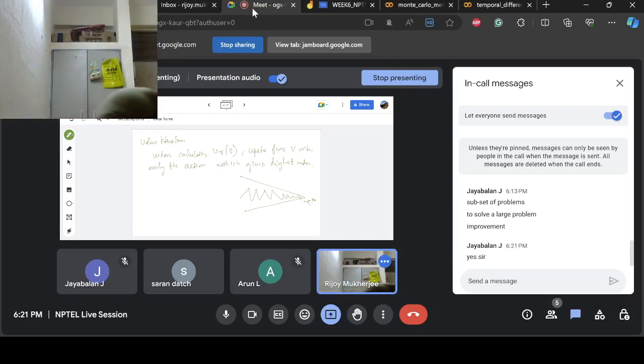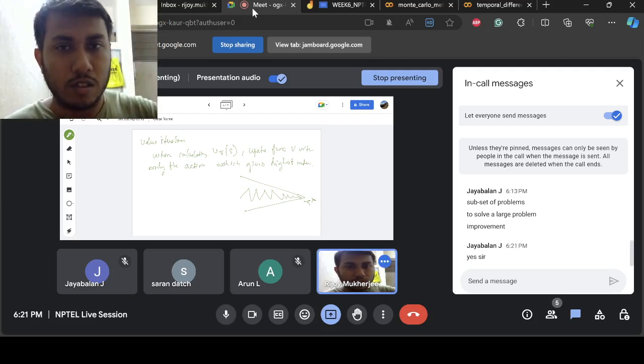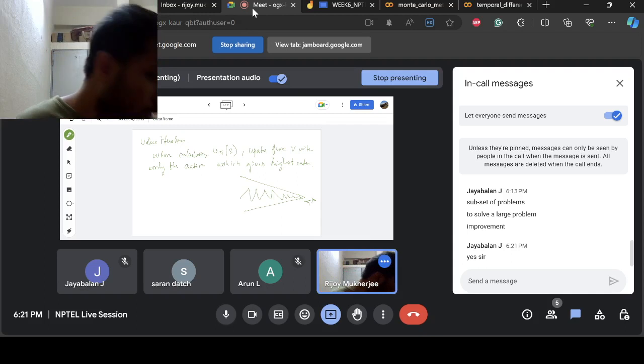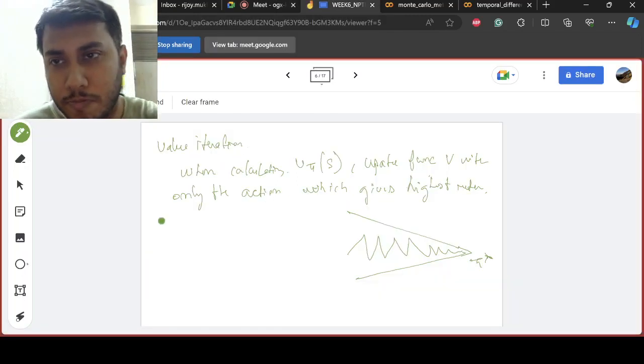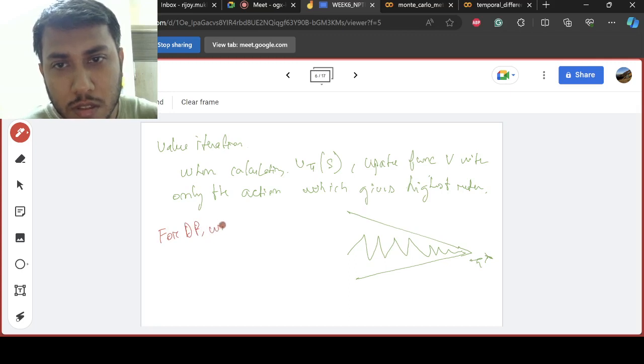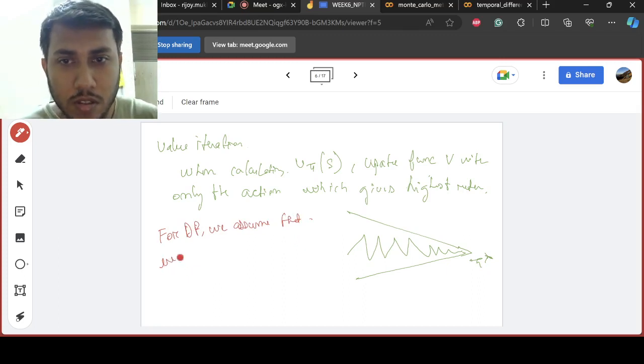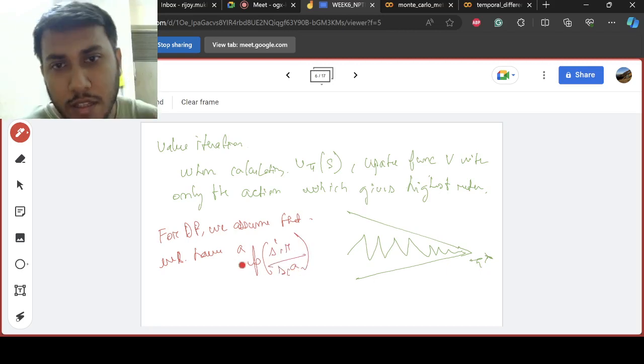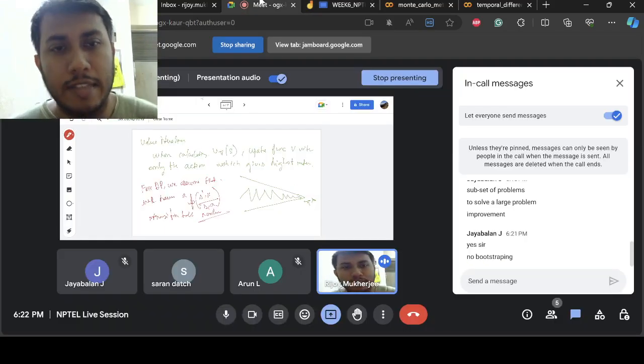In DP we assume that we have the transition table, s', r given s, a, available. We assume that this thing is available.